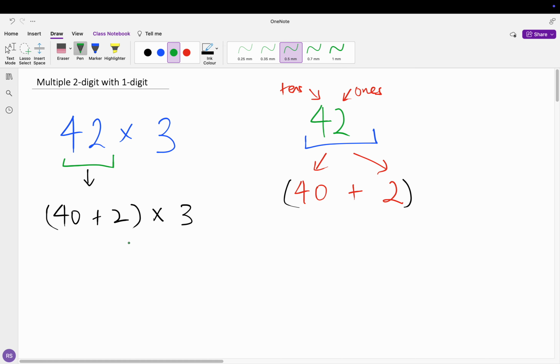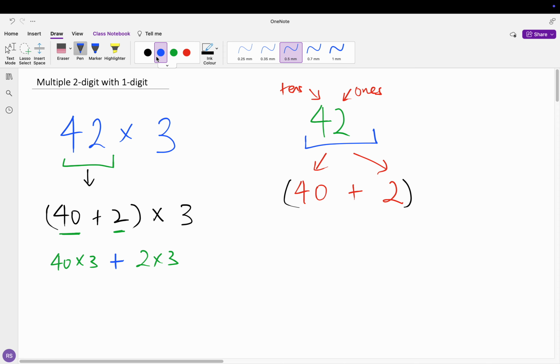So we have the ones number, which is 2, so we have 2 times 3, and we have the tens number, which is 40, so we have 40 times 3. Then we add both of them together.